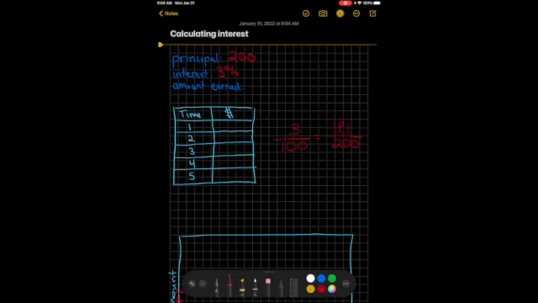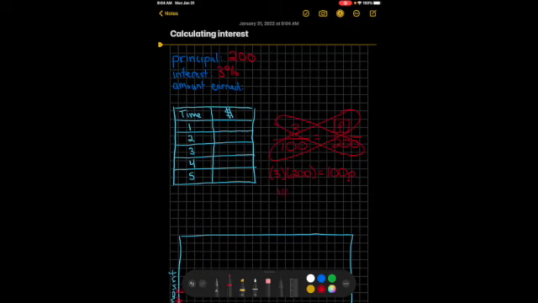We're looking for what is 3% of 200. So we're going to do butterfly multiplication. I'm going to use P as my variable. So we're going to do 3 times 200 equals 100 times P, or the interest.